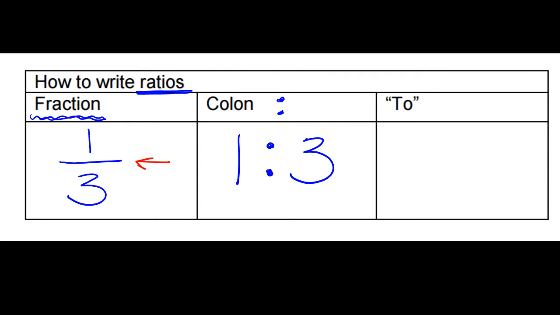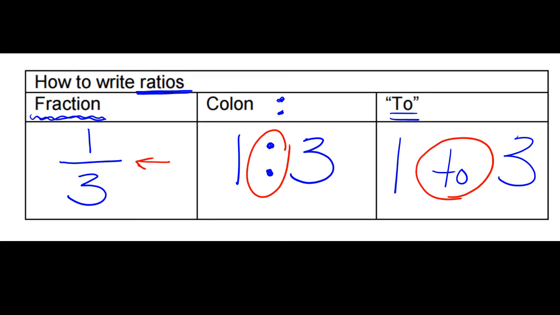We can write a ratio with a colon, or we can use the actual word "to." And so we can write this as 1, and then we're going to write the word "to," 3. And so in this lesson, you're going to have to write the ratio three different ways. When we ask that, we're looking for the fraction bar, we're looking for the two dots, which is called a colon, and the word "to."